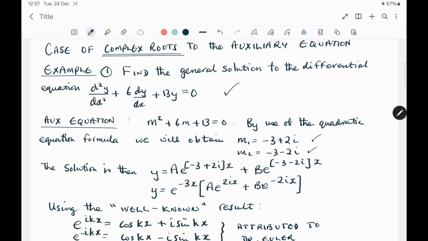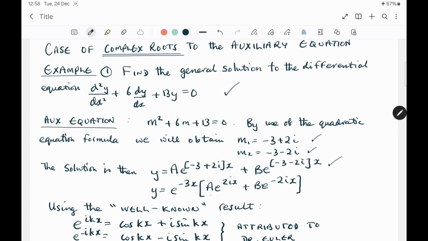So in this case, y equals a e to the power minus 3 plus 2i x plus b e to the power minus 3 minus 2i x. So we've got that far. I've just taken out the common factor e to the minus 3x to tidy things up a little.